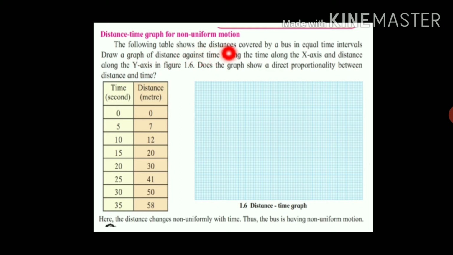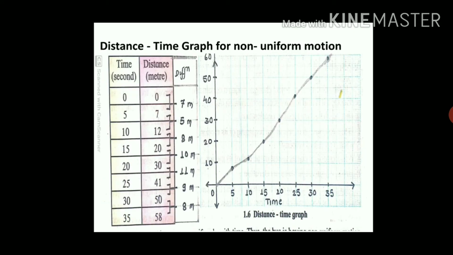The following table shows the distance covered by a bus in equal time intervals. Here the equal time interval is 5 seconds. In the first 5 seconds the bus travels 7 meters, in the second 5 seconds 5 meters, in the third 5 seconds 8 meters, in the fourth, from 15 to 20, 10 meters, and in the fifth 5 seconds 11 meters.